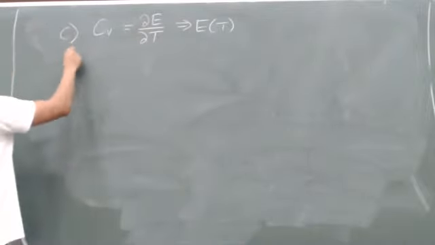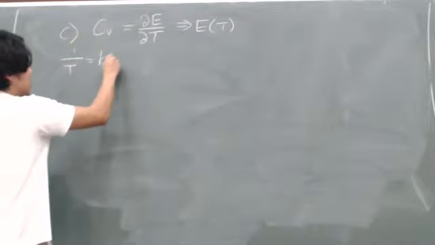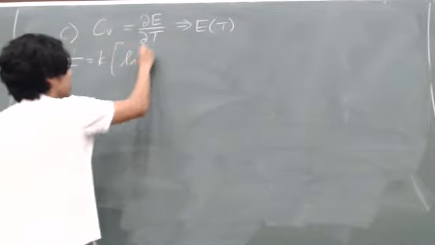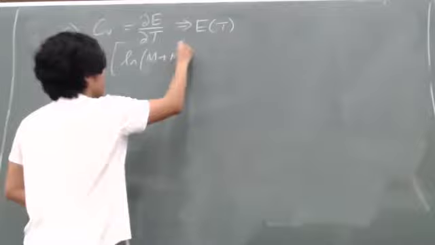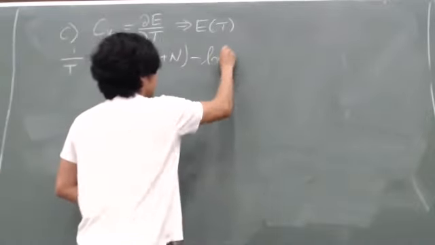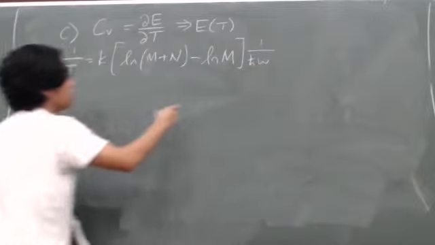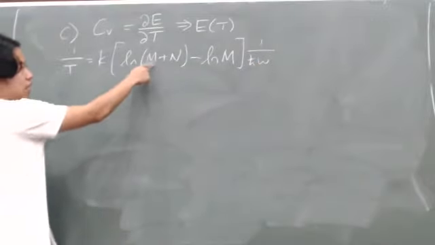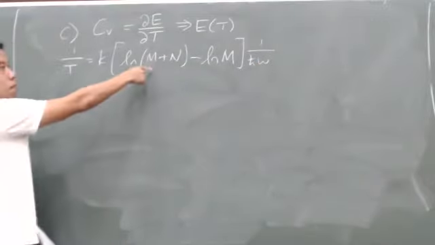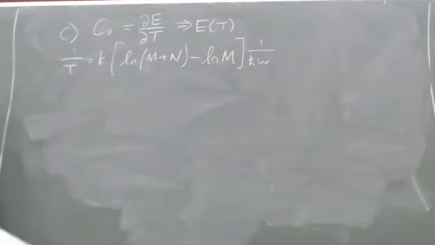So before we got 1 over T is equal to k times (log of (M plus N) minus log of M) times 1 over h bar omega. So we just have to invert this to get M, substitute back to energy, and then get that in terms of temperature.